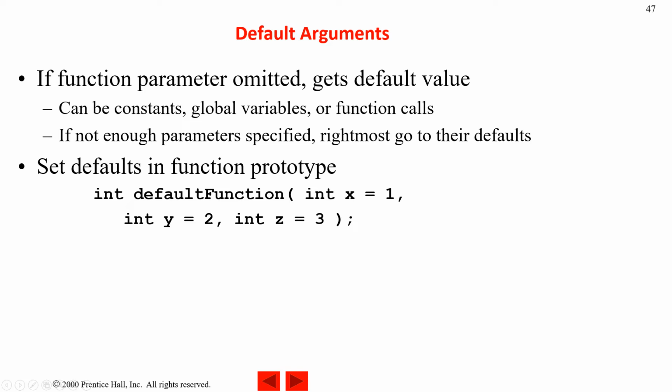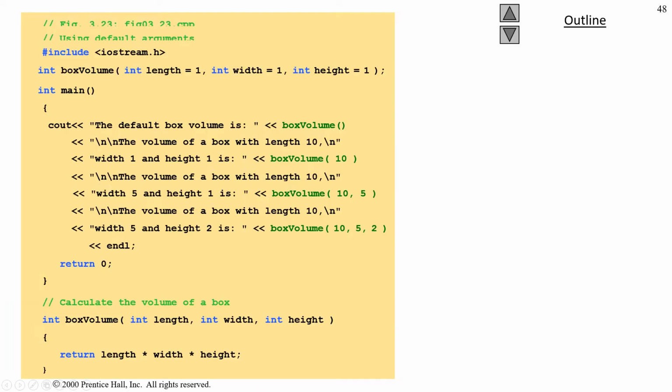So int default function, you can write anything, if you have int x equal to 1, y equal to 2, and z equal to 3. What this means is that when you call the function, if you are supplying the arguments, they will be replaced. However, if you are not supplying, then these values will be used.